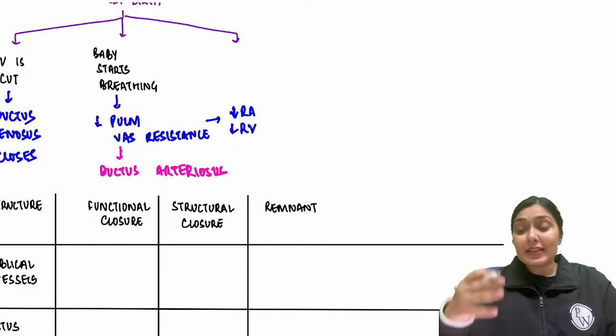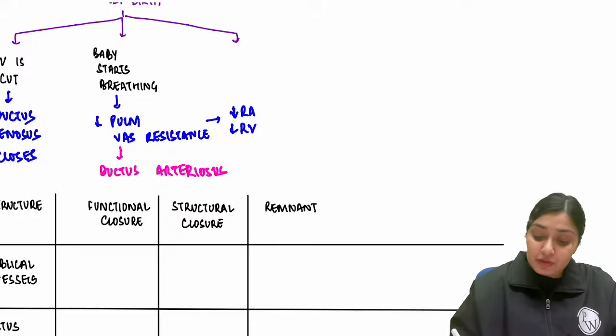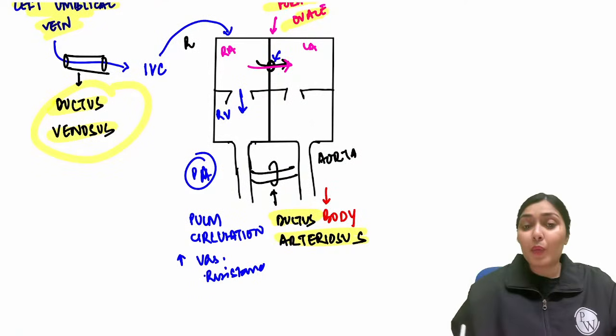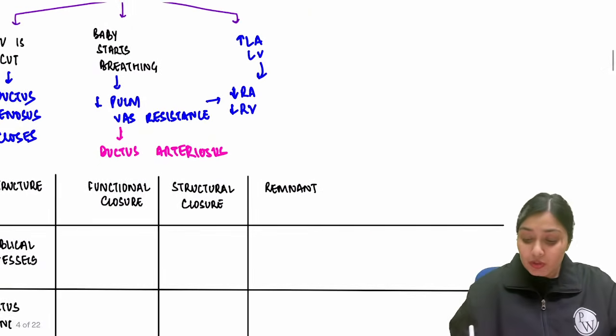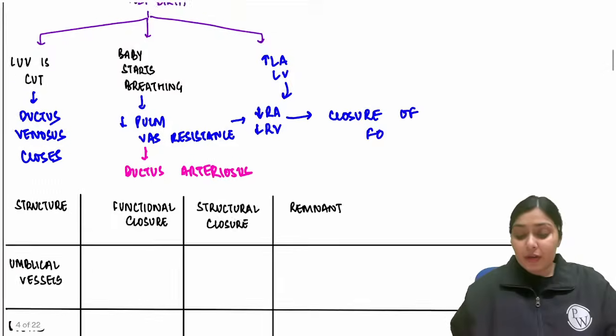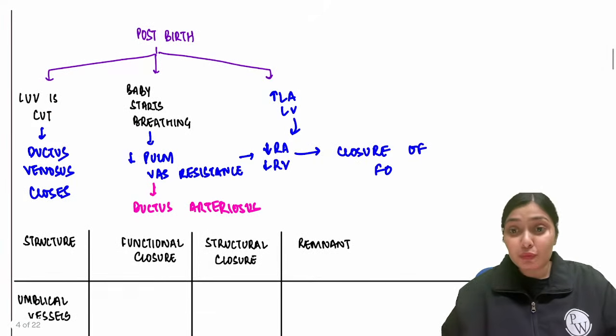And as the right-sided pressure decreases, left-sided pressures increase. Because of this change in the pressure dynamics, this fossa ovalis will also close. So there is closure of foramen ovale. Right? So this is what is happening after birth.